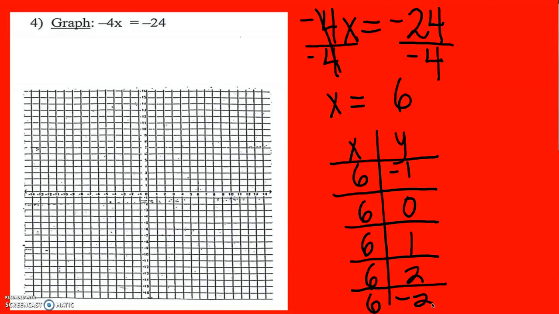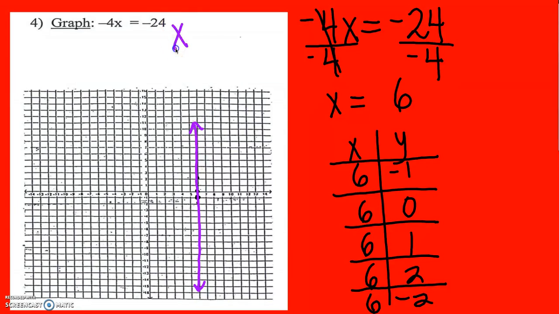So to graph (6, negative 1), it's going to be 6 to the right, down 1. (6, 0), 6 to the right, don't go up any. (6, 1), 6 to the right, up 1. (6, 2), and (6, negative 2). Now, notice all of these points are falling in a vertical line. Connect these points, and that's my graph.